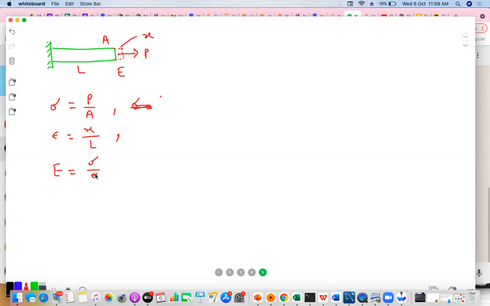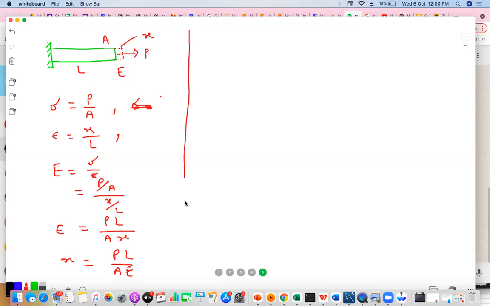Now putting these values, P upon A and epsilon is X upon L, it will be P into L upon A into X is equal to E. Now taking X here, X is equal to PL upon AE, right? So this way I can find the displacement.